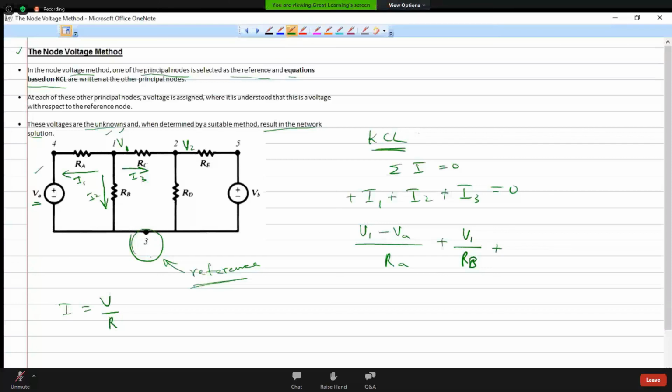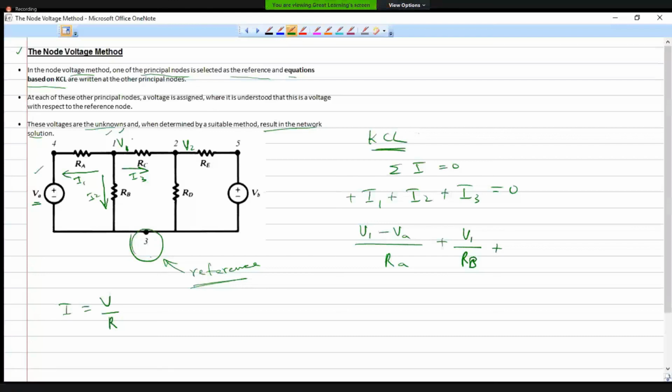So what is I3? The voltage across this resistor divided by the value of this resistor. The voltage across this is V12, or V1 minus V2, right? So that is V1 minus V2 divided by RC, and the sum is equal to 0. So that is the first equation.